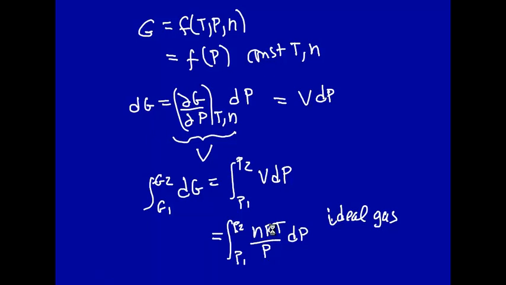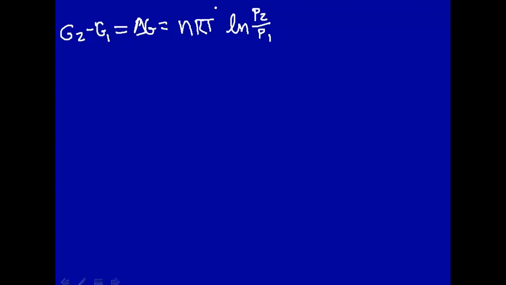And this we know by now is just a natural log, so we have delta G, G2 minus G1, is equal to nRT times the natural log of the final pressure over the initial pressure. Let's be explicit, this is G2 minus G1. So final pressure corresponds to G2, initial pressure corresponds to G1.